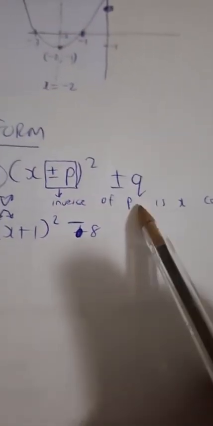What are you saying here, sir? The inverse of p is the x coordinate of the turning point. Really? Yes, indeed. What about q then, sir? q, as it is, is the y coordinate of the turning point.